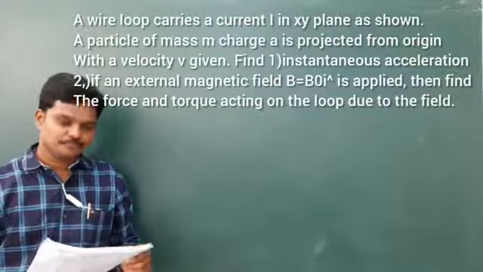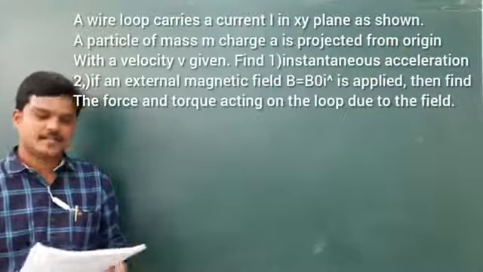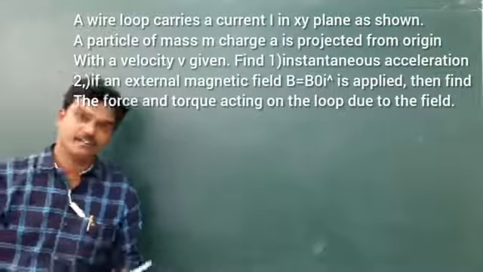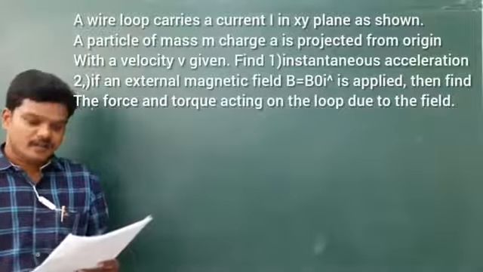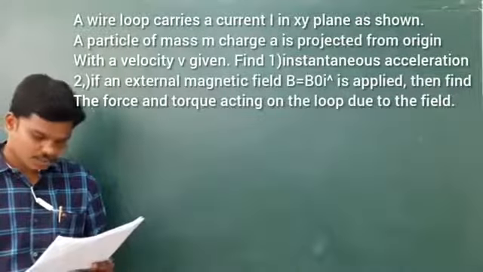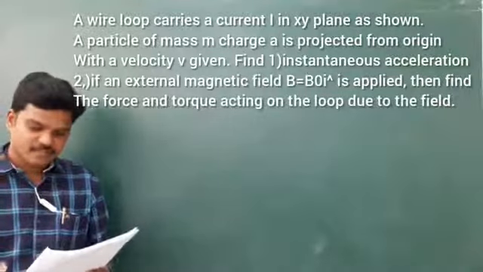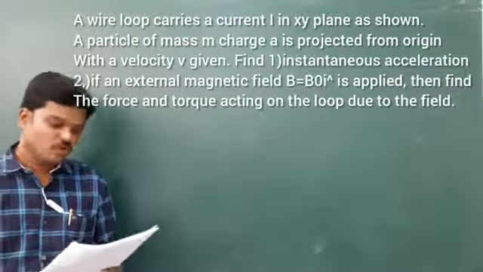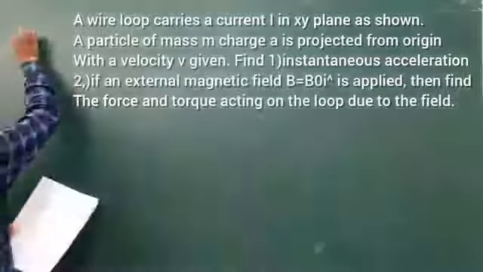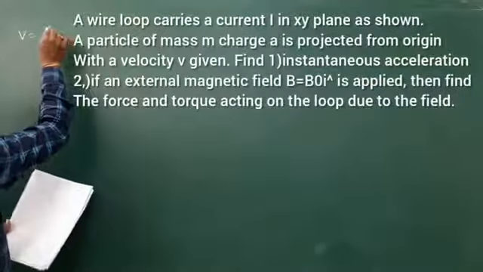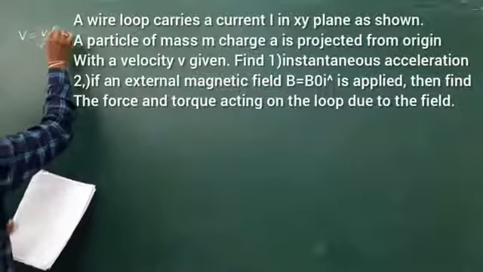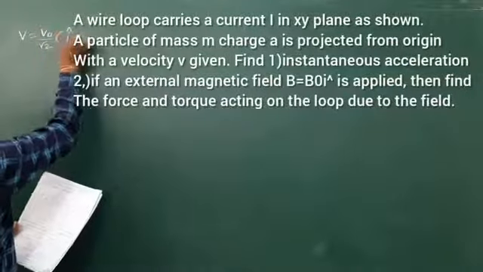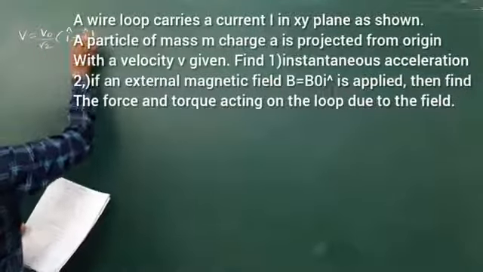A wire loop carries current I in the xy plane as shown in the figure. A particle of mass m, charge q, is projected from the origin with a velocity v, given as v naught by root 2 times (i cap plus j cap).